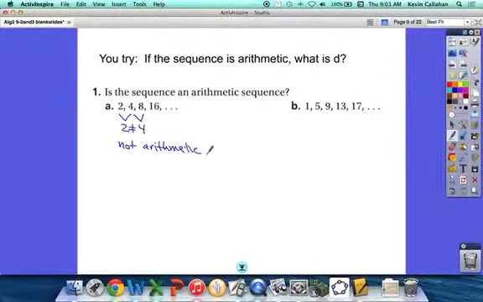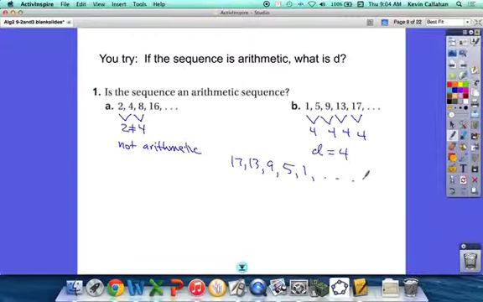If you said that the second one was arithmetic, what's the common difference? 4, right? It looks like you keep adding 4. So d equals 4. What if, because we don't have a lot of examples like this, but you probably will in the homework, that sequence instead was 17, 13, 9, 5, 1?